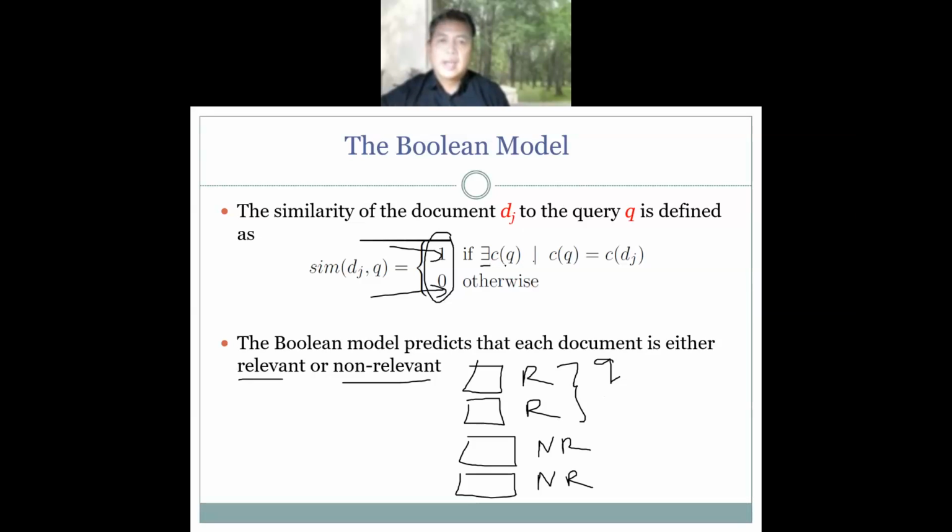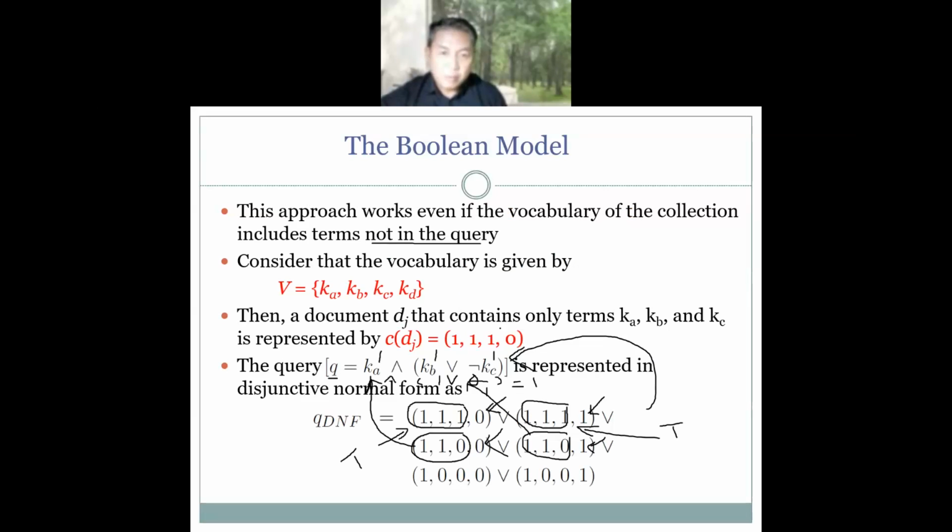Okay. So based on this expression, we say that the similarity is 1 if there exists a conjunctive component of the query such that it is the same as the conjunctive component of the document. Which means that they are the same. So for this one, this is the same as the first one, meaning that this document Dj is relevant.